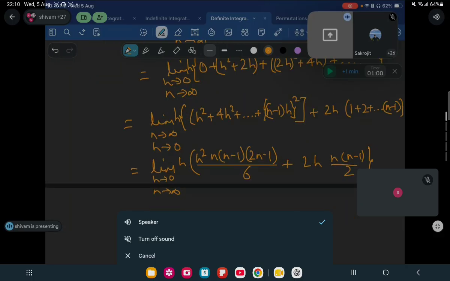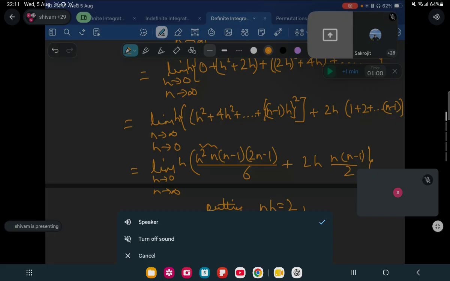Now, wherever it is possible, we just replace nh, putting nh is equal to 2 everywhere. Okay, pay attention. This will become limit h tends to 0, n tends to infinity. Over here, I'm going to substitute nh is equal to 2. Wait a minute.